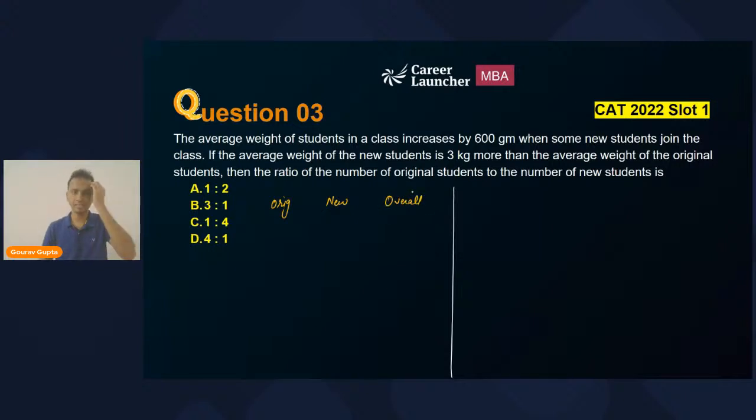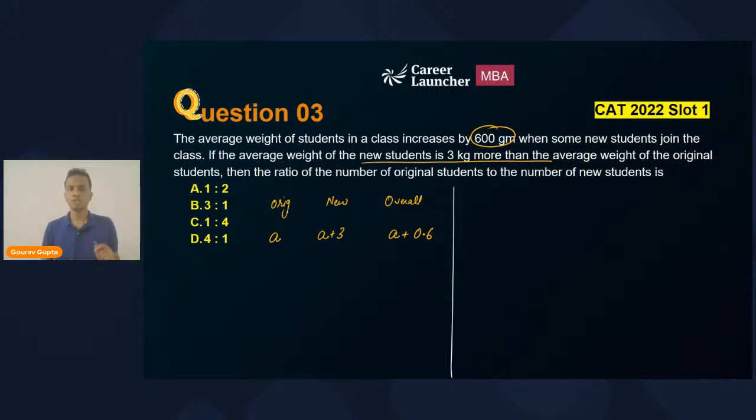Let's say the original average is A. The average weight of new students is A plus 3. And the overall increase in average is by 600 grams, so overall is A plus 0.6.